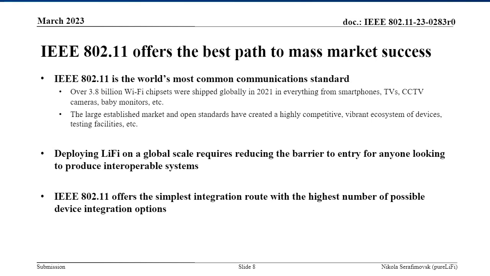That means a lot of people know what it is, how to use it, and what to expect out of it. If we are going to deploy Li-Fi on a global scale, we have to reduce the barrier to entry for anyone that wants to create interoperable systems and help grow that market. And 802.11 is the simplest integration route with the highest number of possible device integration options.